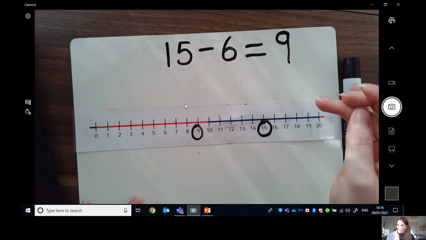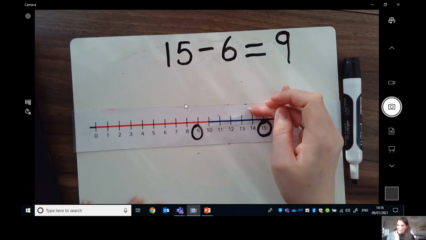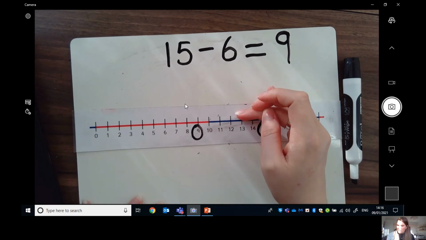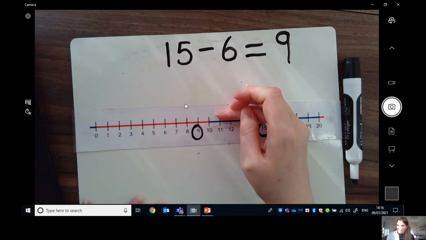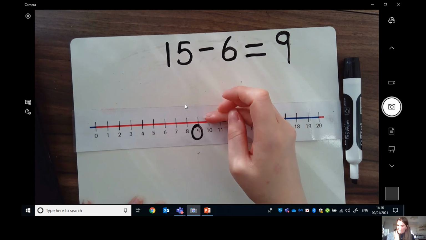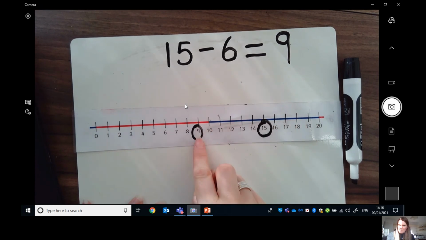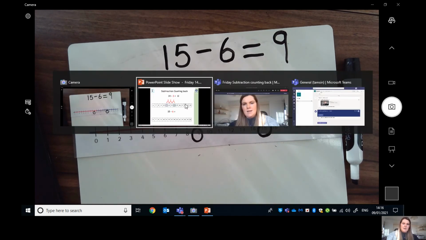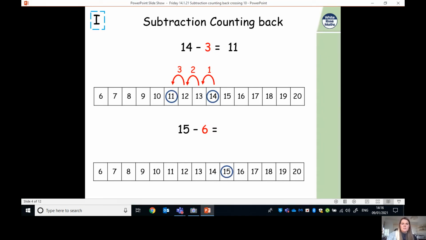Let me show you those jumps again. 1, 2, 3, 4, 5, 6. And I landed on the number 9. Brilliant. Let's see this in action. We started with the number 15 because that is the number that we are subtracting from.